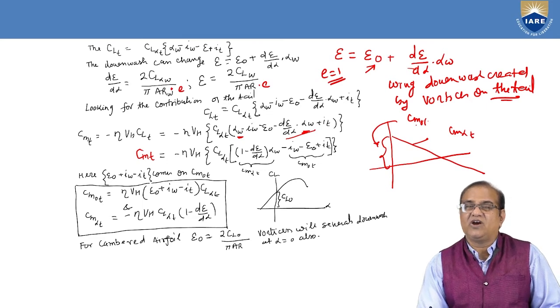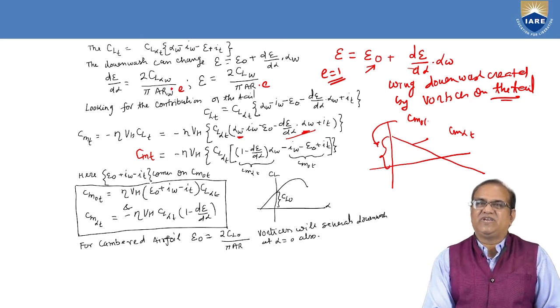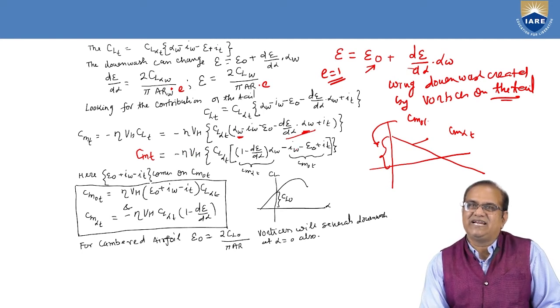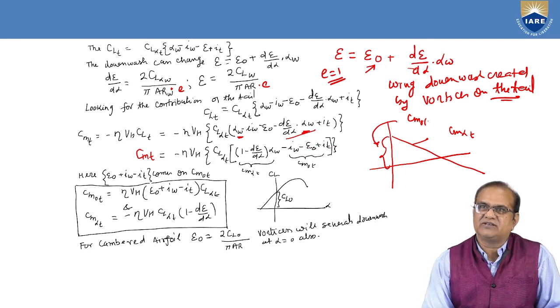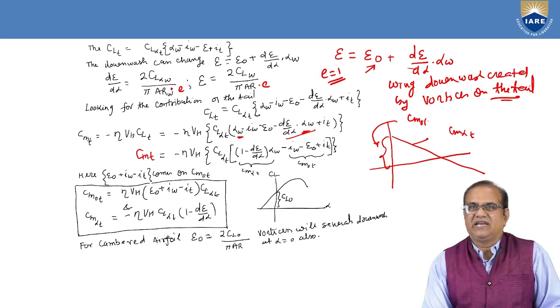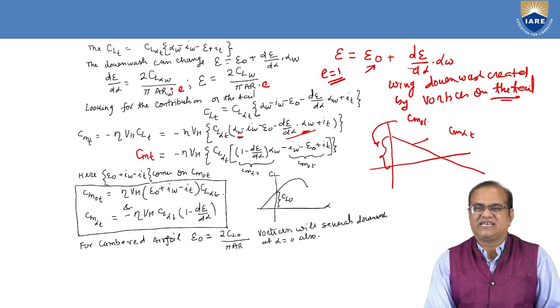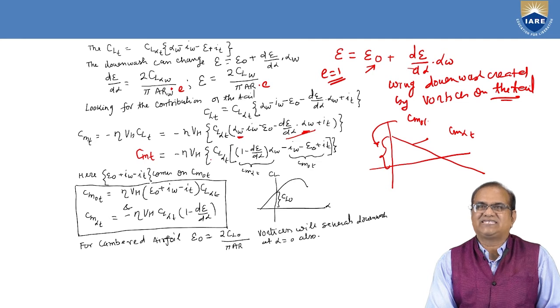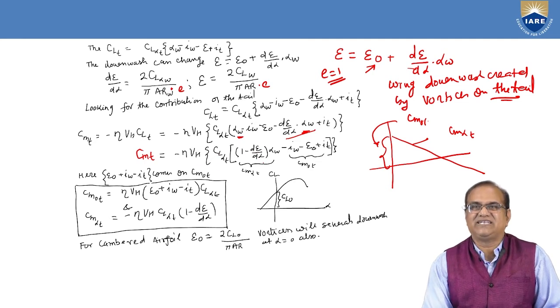So this we have got here that eta VH, and here minus I have multiplied inside. So I got this plus and this minus. So epsilon naught plus IW minus IT into CL alpha T. This is the Cm naught, and Cm alpha T is equal to minus eta VH CL alpha T 1 minus d epsilon by d alpha.